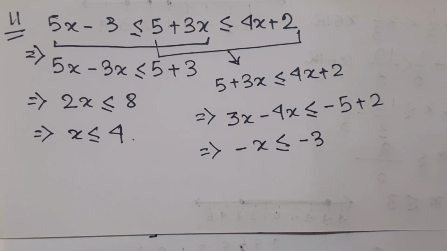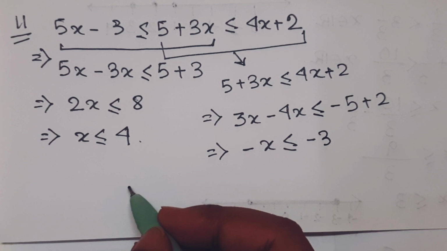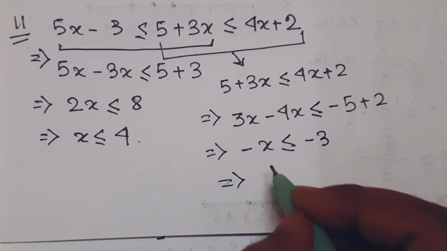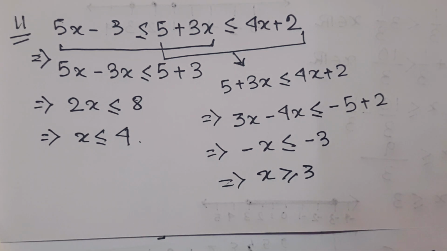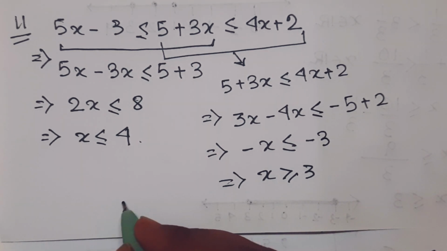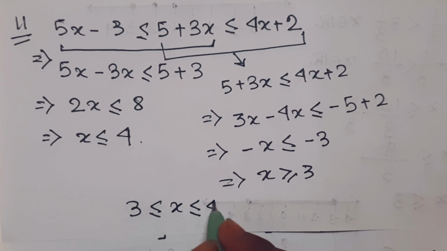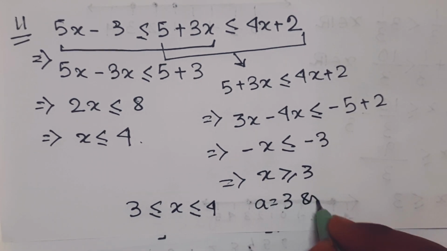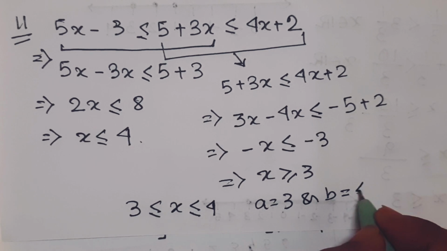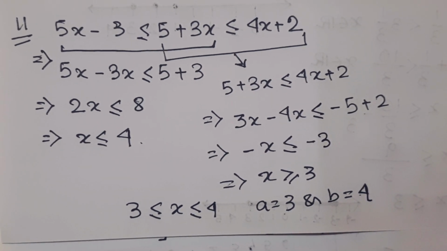Now if you write it, the range is 3 less than or equal to x less than or equal to 4. So a equals 3 and b equals 4. That will be the answer.